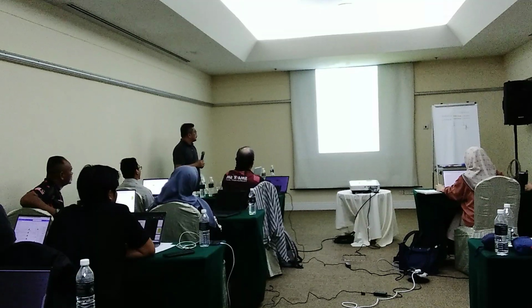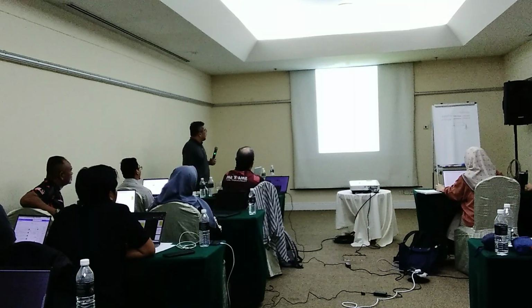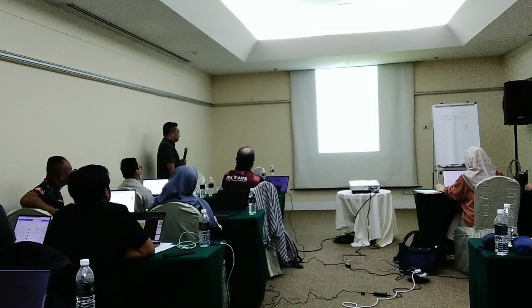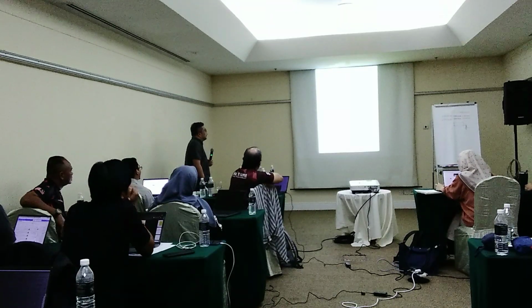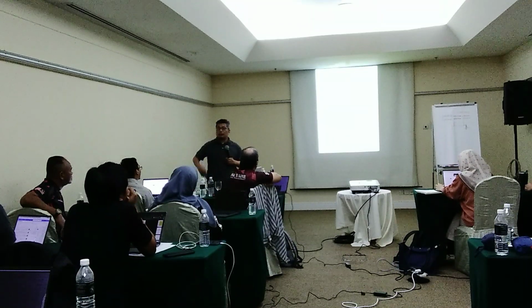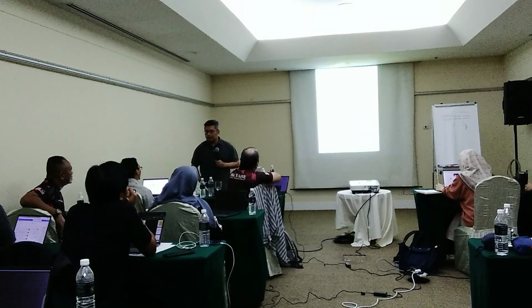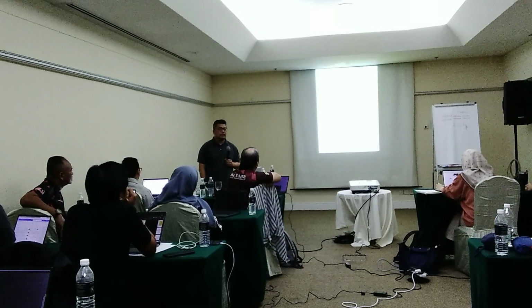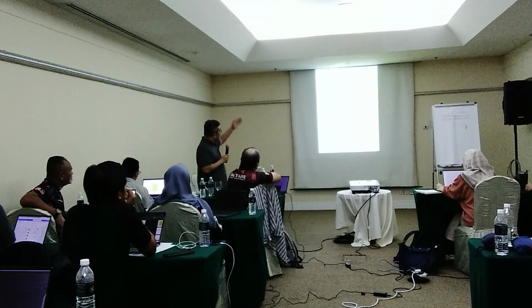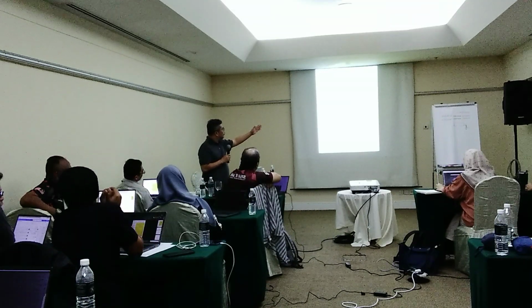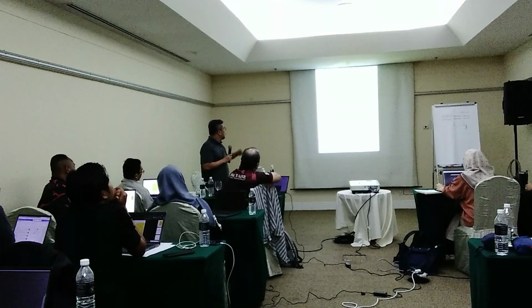Okay, next we go into cause and effect matrix. There are 8 items that you need to be aware of in the cause and effect matrix. Number 1 is the inputs. The inputs must come from your process map. Okay, all the inputs that you have recognized in your process map, you have to identify them in your left column in the cause and effect matrix.